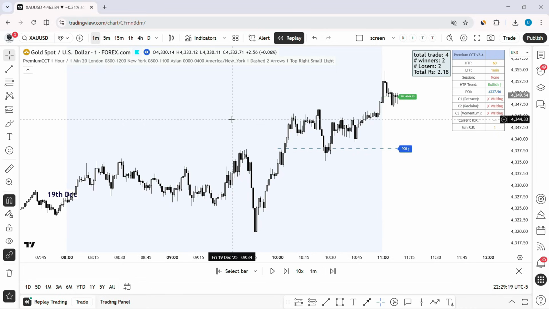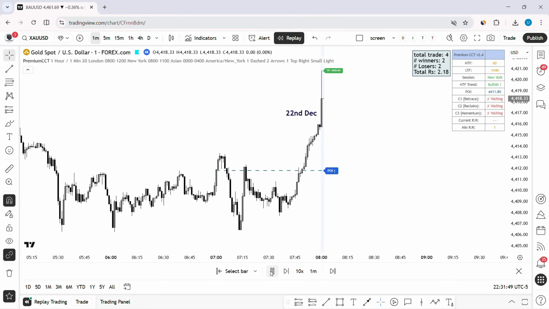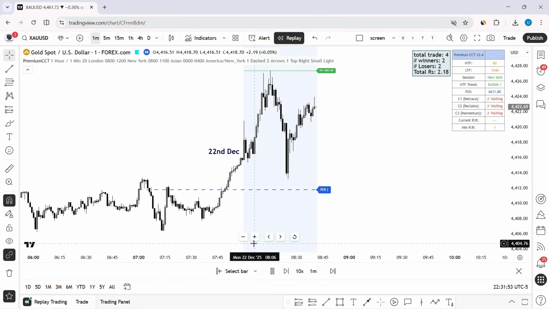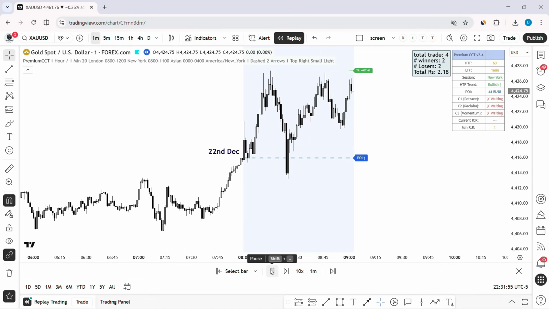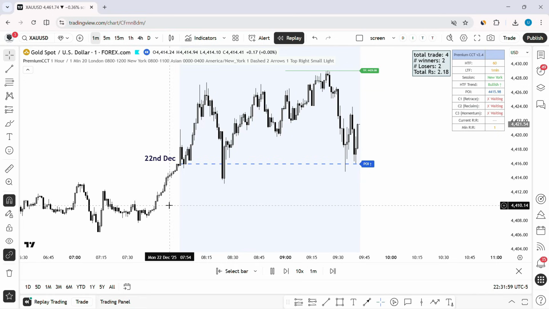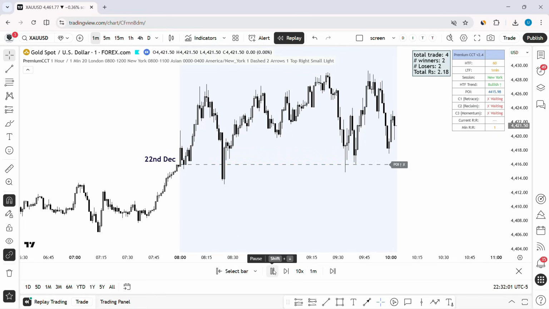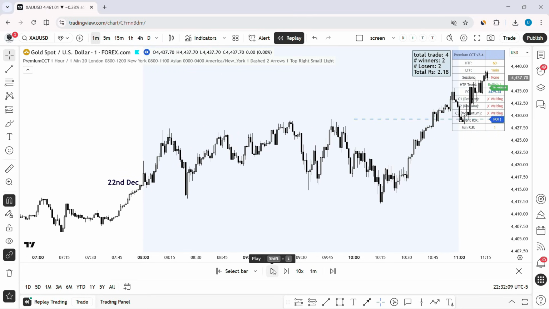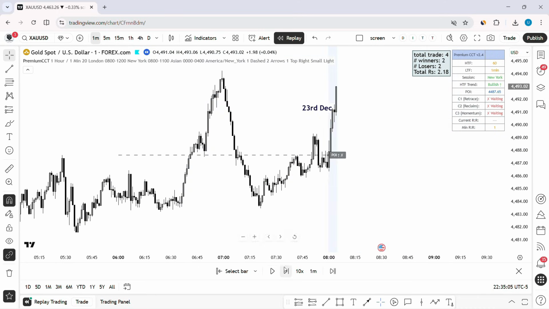Let's continue to the next days and see if any trade forms. So no trade formed on this session as well.